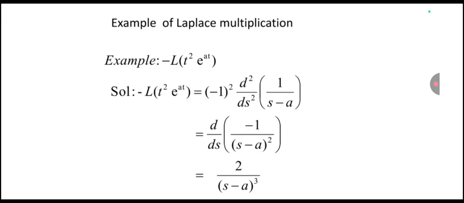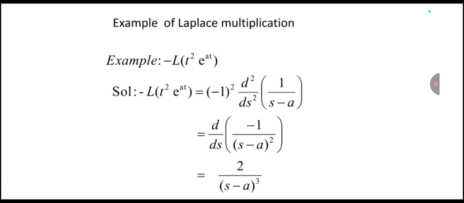So here f of t is nothing but e power at. Instead of n you replace 2. So L of t square into e power at equal to minus 1 the whole square into d square by ds square into L of e power at. L of e power at is nothing but 1 by s minus a.